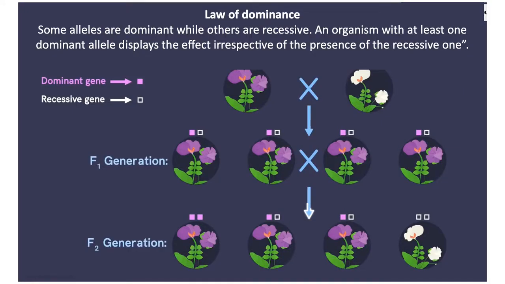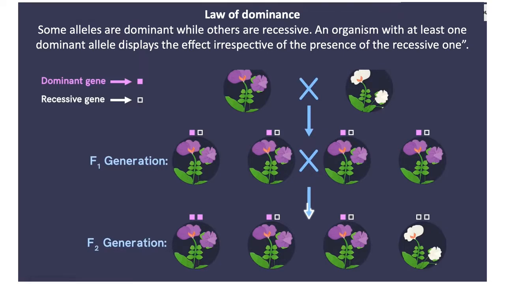So, if we talk about the last law of genetics, which is the law of dominance, this law states that some alleles are dominant while others are recessive. An organism with at least one dominant allele displays the effect irrespective of the presence of the recessive one.